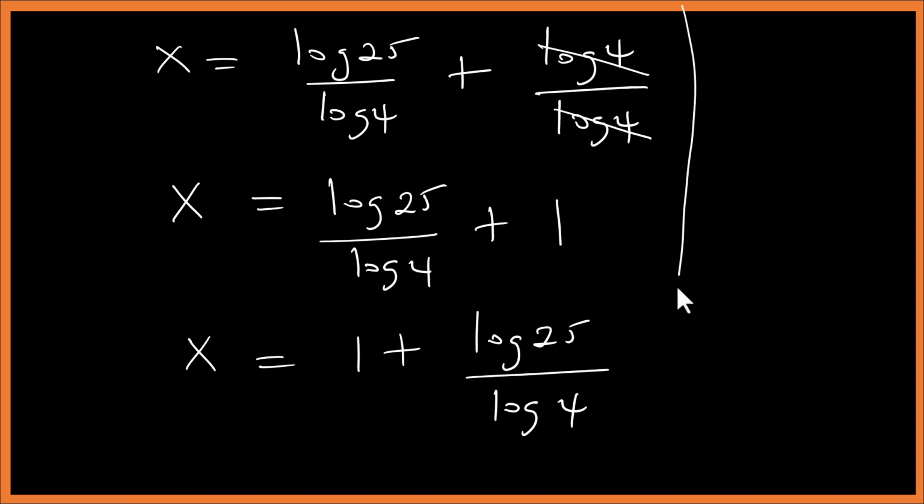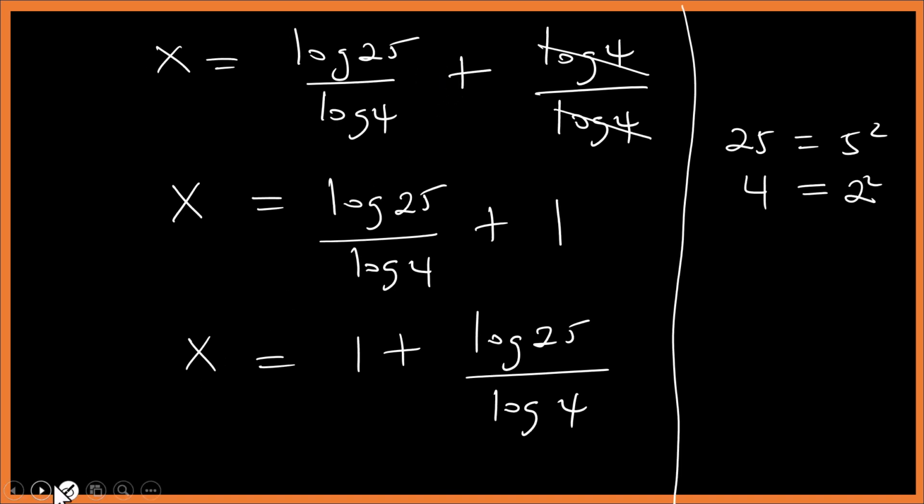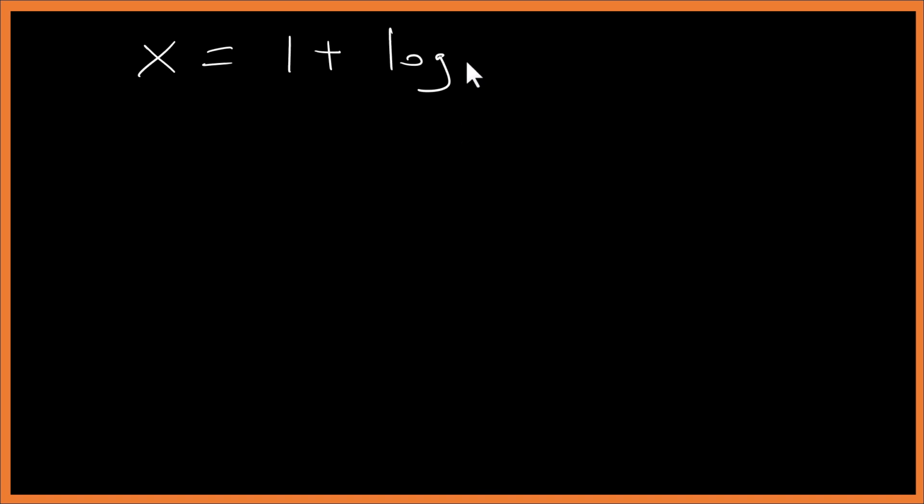Now from here, 25 is the same as 5 squared, and then 4 is the same as 2 squared. Okay, so we can write this one as x equals 1 plus log 5 squared on log 2 squared.